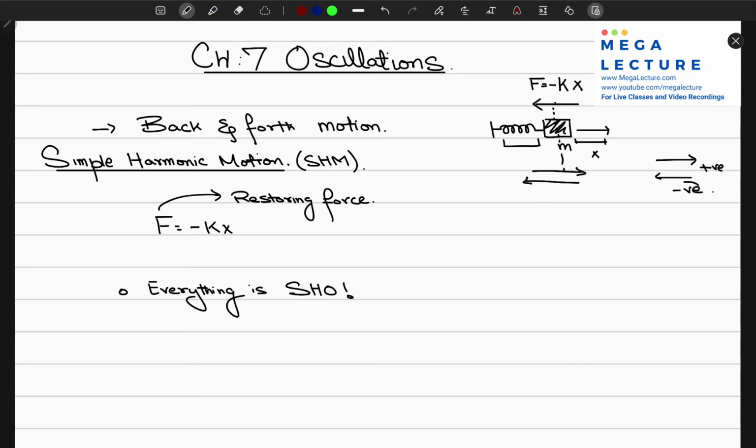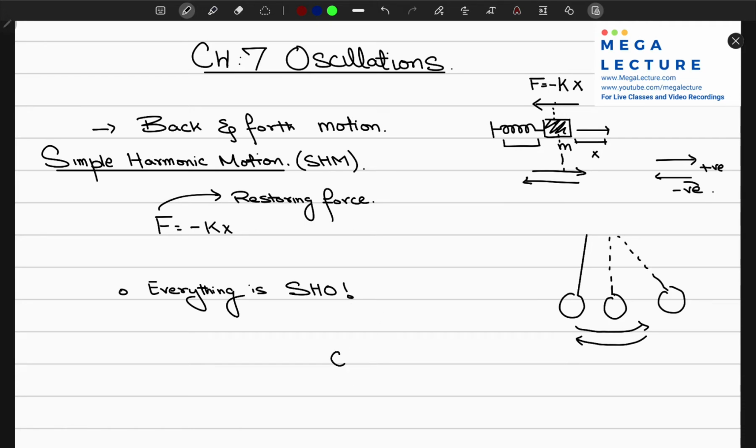For example, a pendulum is going to oscillate like this, and then it's going to come back like this. The mean position for this pendulum would be this one, and these are the two extreme positions. Another example could be molecules or atoms.